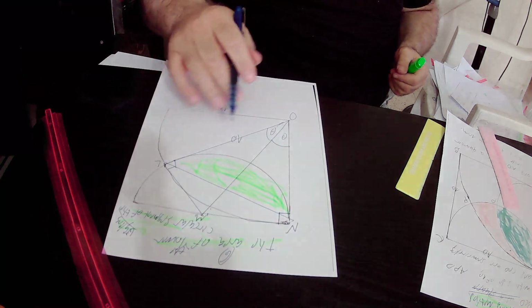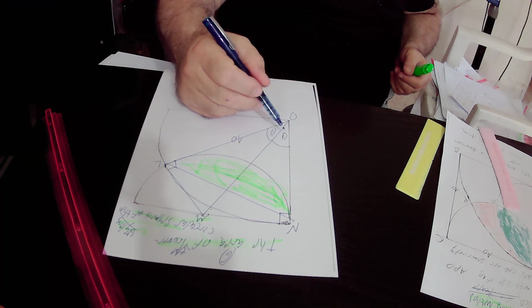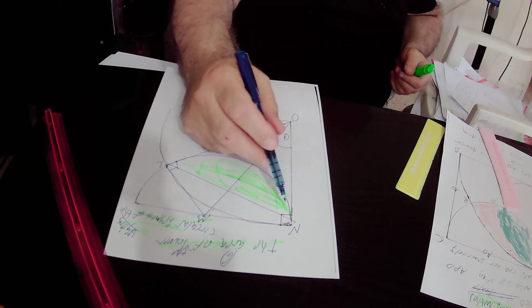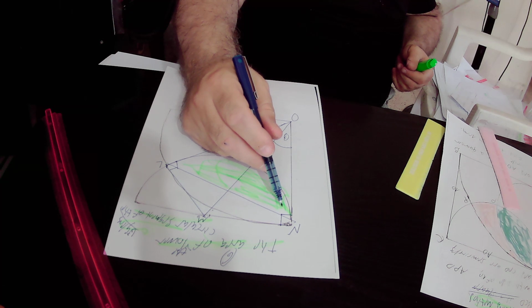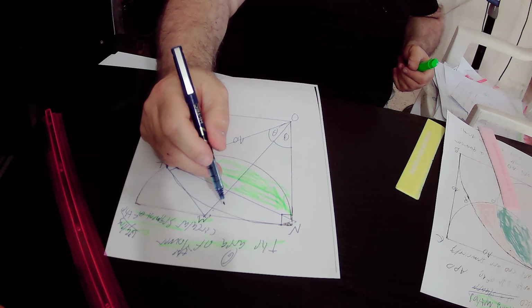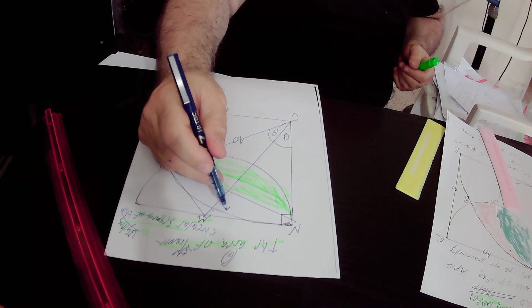So we'll focus on the right triangle ONM. In the right triangle ONM, this angle equals theta, this angle equals 90 degrees, that is pi over 2 in terms of radians. So this angle must be equal to pi over 2 minus theta.